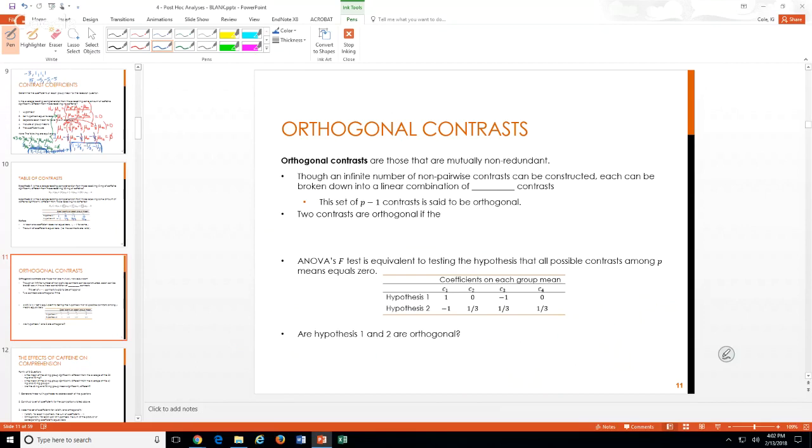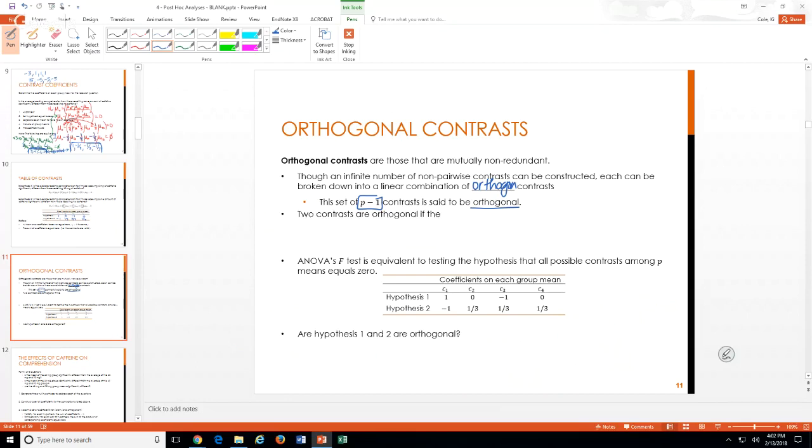So though an infinite number of non-pairwise contrasts could be constructed, each one can be broken down into a linear combination of orthogonal contrasts. And specifically, there are p-1 contrasts in an orthogonal set.